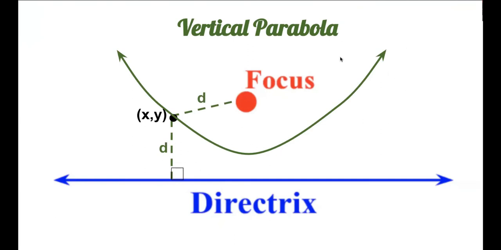Something I want to fix for you, or just tell you my mistake: last time I gave you an example very similar to this, it almost looks identical, but I told you the parabola was down here. All the information was correct, it's just the image I provided, with the parabola going down here touching the directrix. It's not touching the directrix. All the points have to be equidistant.